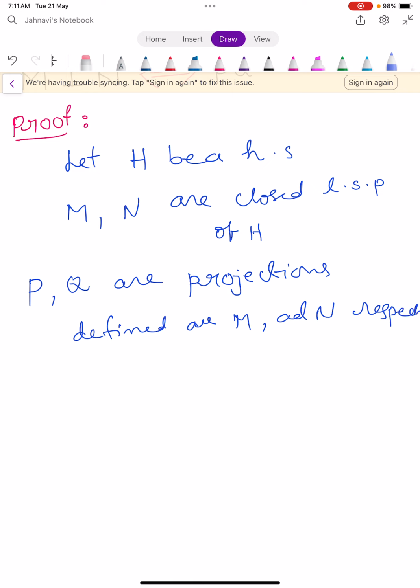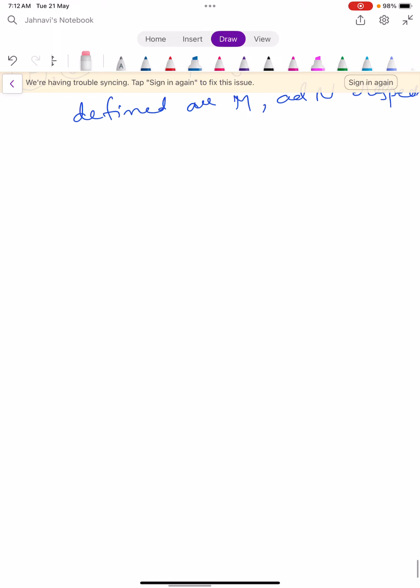It means P is a projection defined on M, Q is a projection defined on N. By the definition of projections, we have P star is equal to P, Q star is equal to Q.